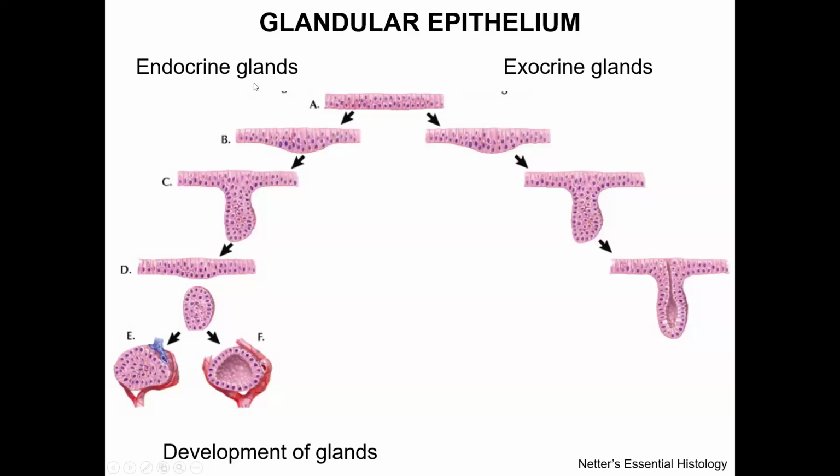The endocrine glands do not have ducts. The endocrine glands produce hormones. The initial stages of formation of the endocrine glands are the same as for the exocrine glands. But at some point, this portion of tightly packed cells completely detaches from the epithelial lining from where they came from.